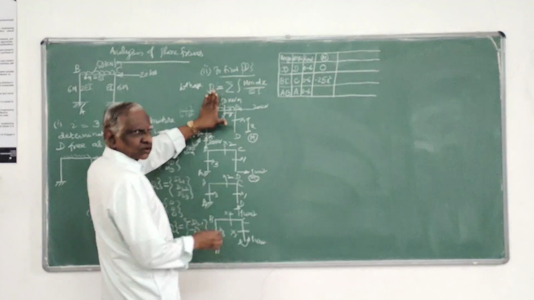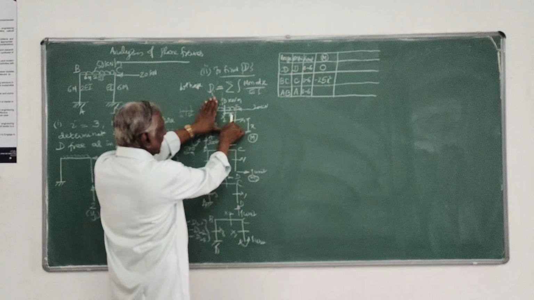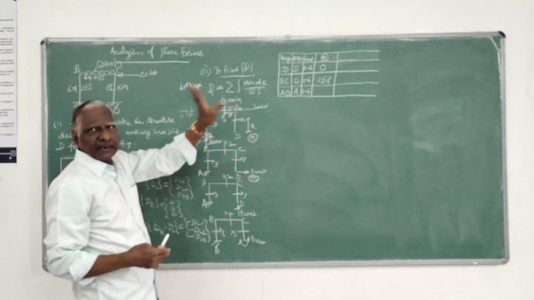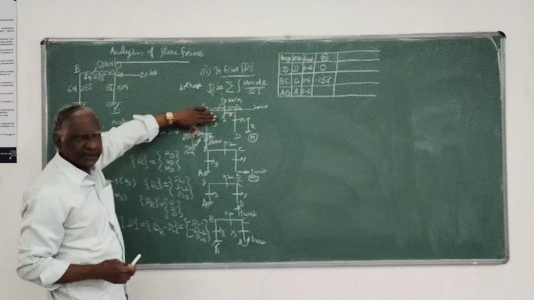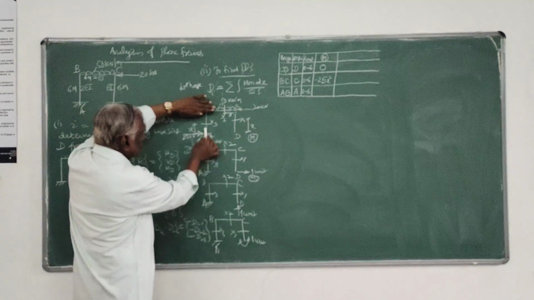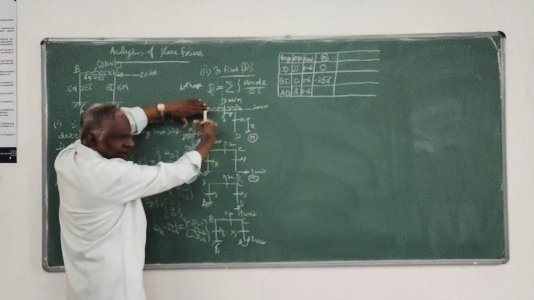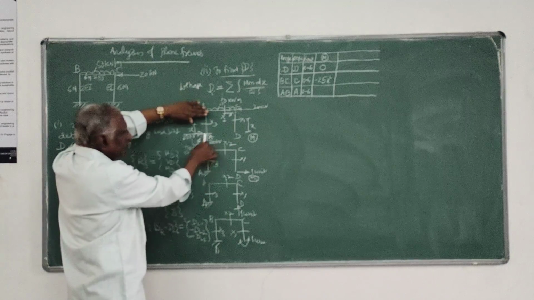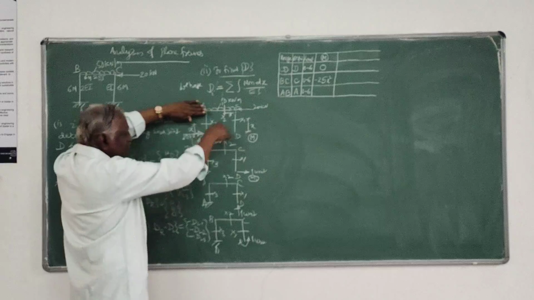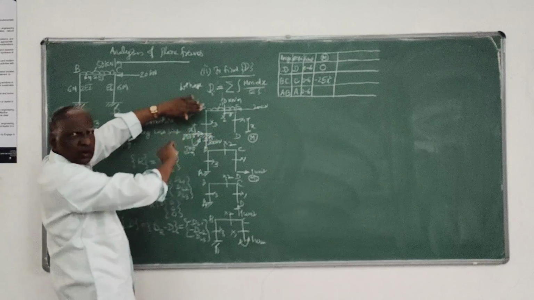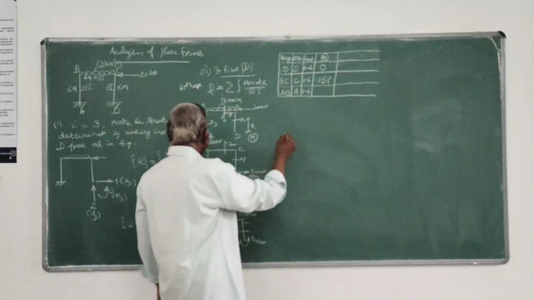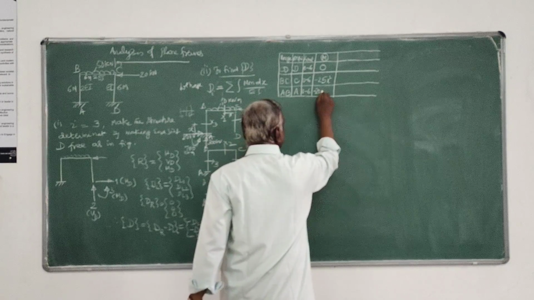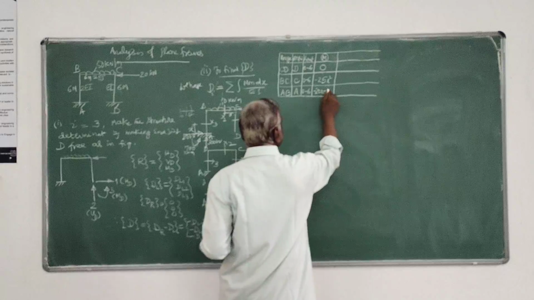Moment about section x2 is 50 into x into x by 2, that is hogging, minus 25 x squared. Then here x3. For this, I will consider the free body diagram towards this side. So this will not give any moment. This gives hogging moment, this also hogging, so both are negative. So that is minus 20x minus 780.